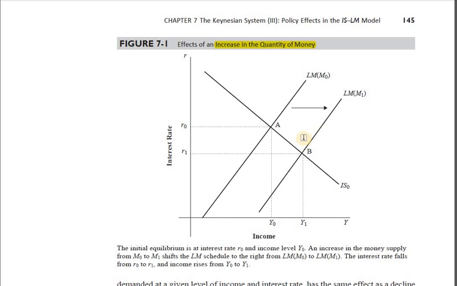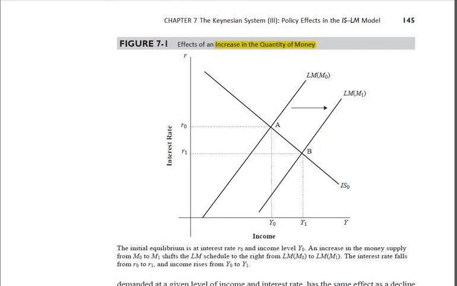This has put upward pressure on the speculative balance. So money demand has gone up, only one component. But at the same time, because income has gone up, that has put upward pressure on the transaction balance component of money demand. So all in all, both the components of money demand, that is speculative balance and transaction balance, have gone up, and this is how the money market is again in equilibrium.